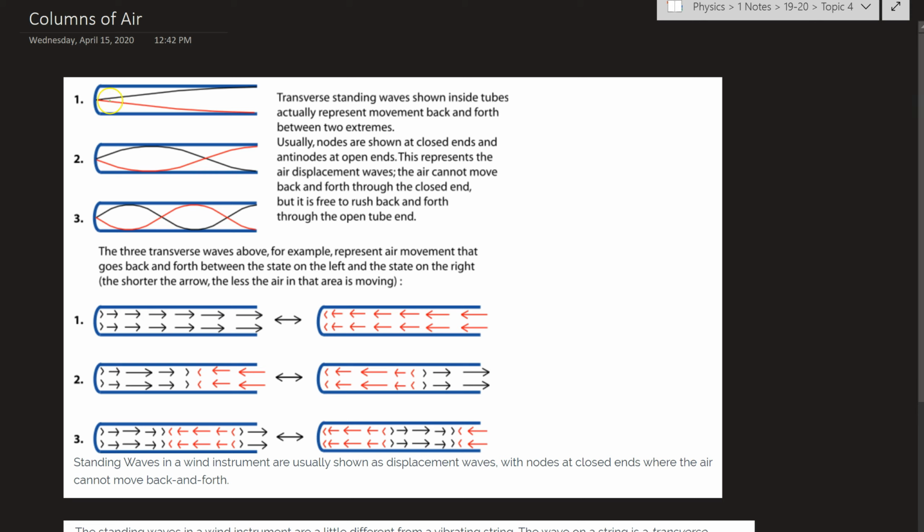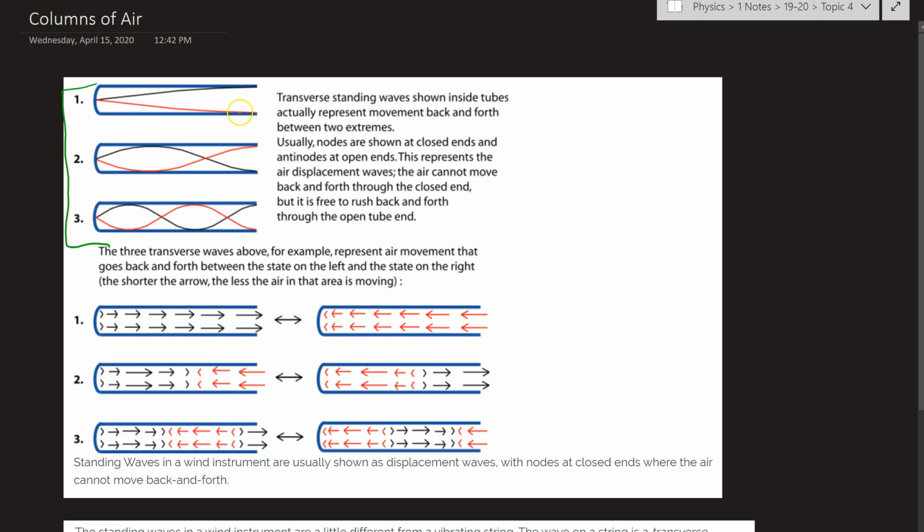So the visualization, like right here, is great because it lets you come up with a formula. But there's not a string in here. If there were sound waves entering this tube, the waves are not transverse going back and forth like this. In reality, they're longitudinal, and there's a bunch of air molecules in here experiencing compressions. But it's really hard to visualize compressions, and it's really hard to visualize standing longitudinal waves.